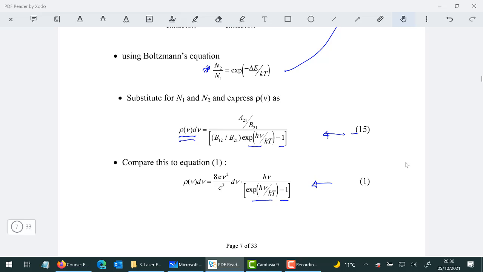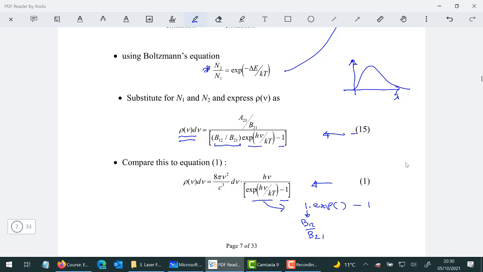So if these are predicting the same thing, the shape of the black body radiation curve, they must be equivalent here. And that means that B12 over B21 must be equal to whatever multiplies the exponential in this case, which is 1. So that is 1 over exponential minus 1, and so this must be the same as B12 over B21.